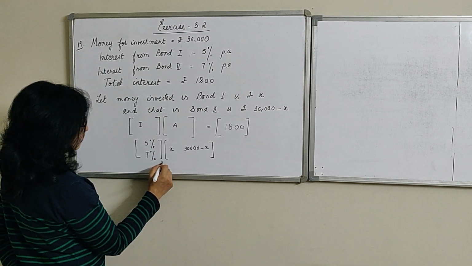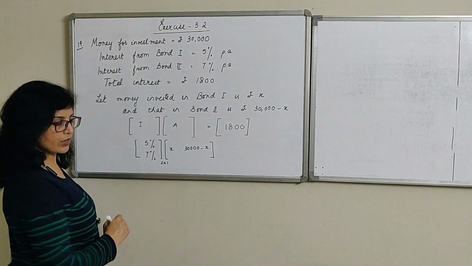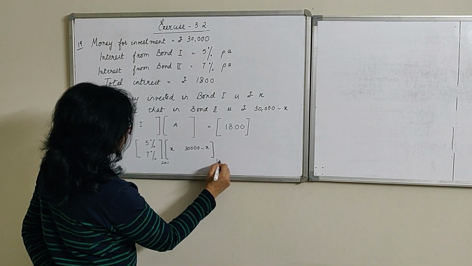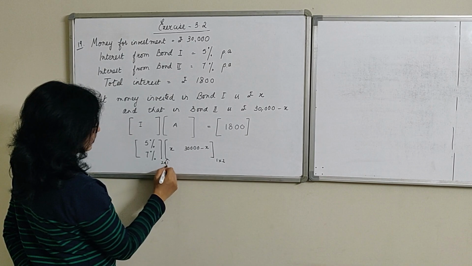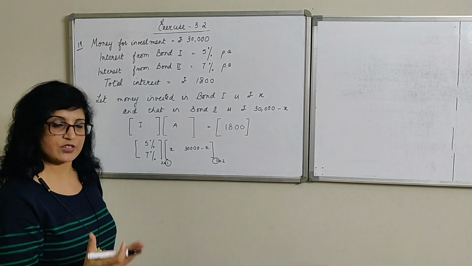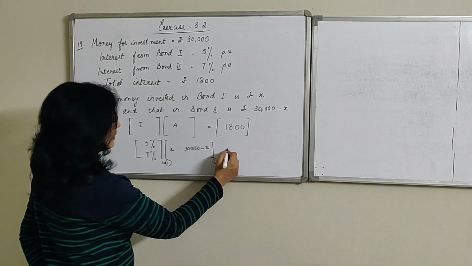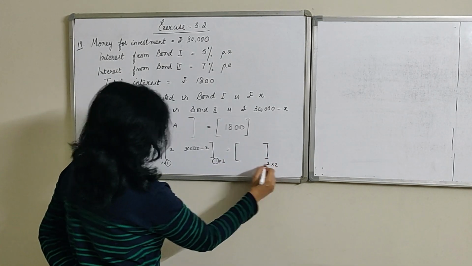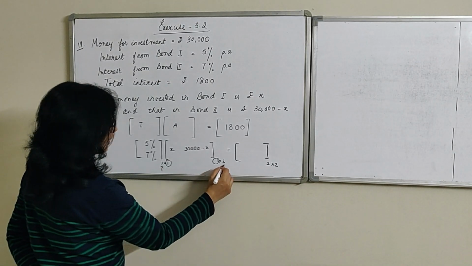Let us check. The order of this matrix is 2 by 1, 2 rows and 1 column. The order of this matrix is 1 by 2. Since the number of columns and number of rows are equal, matrix multiplication is definitely possible, and the resultant matrix will be of order 2 by 2.